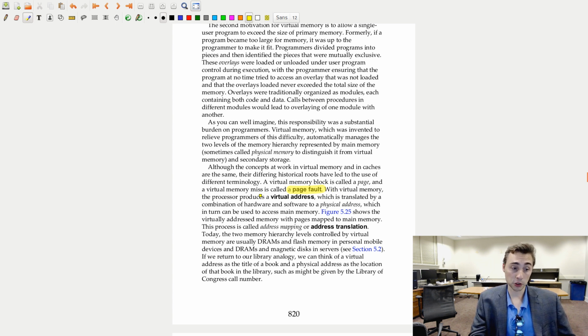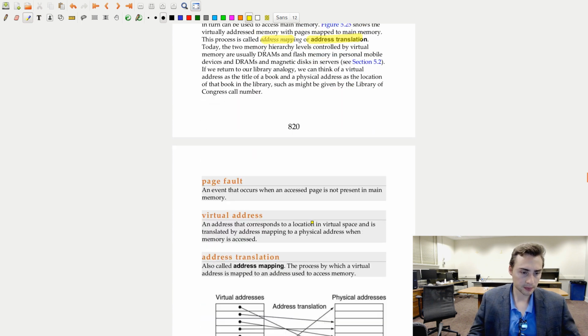So with virtual memory, the processor produces a virtual address, which is translated by a combination of hardware and software to a physical address, which can access main memory. This process is called address mapping or address translation. So a page fault occurs when we've accessed a page not present in main memory.